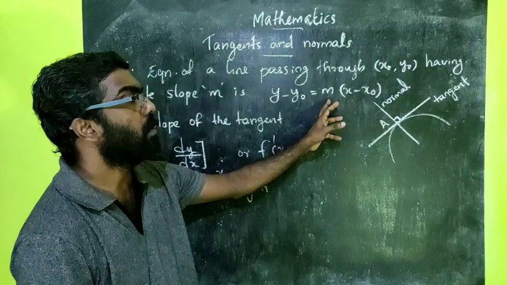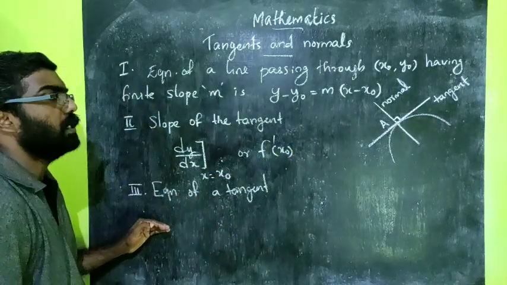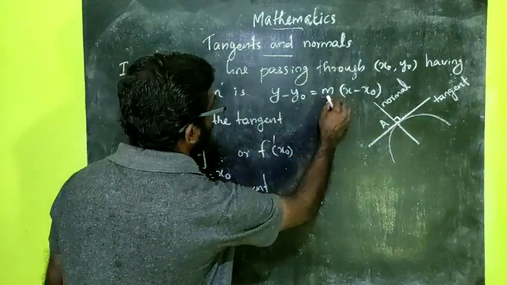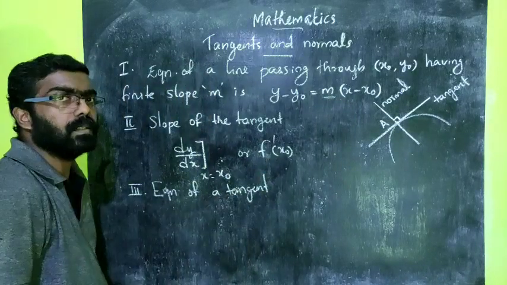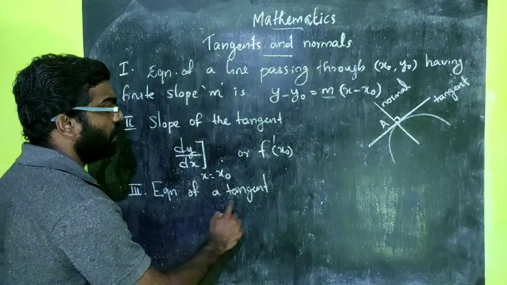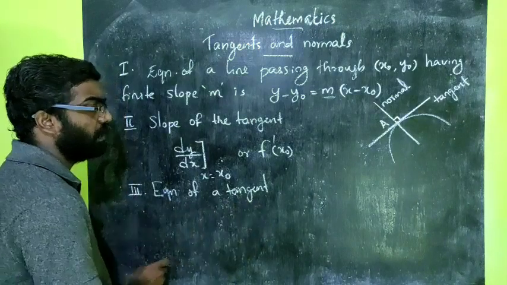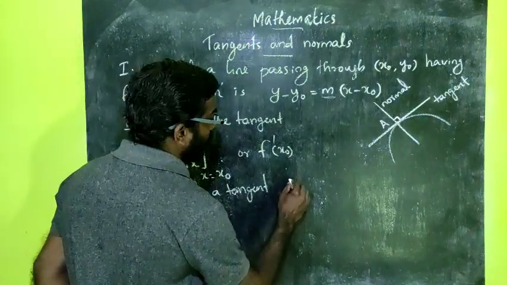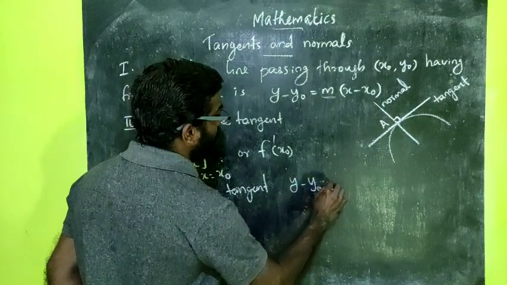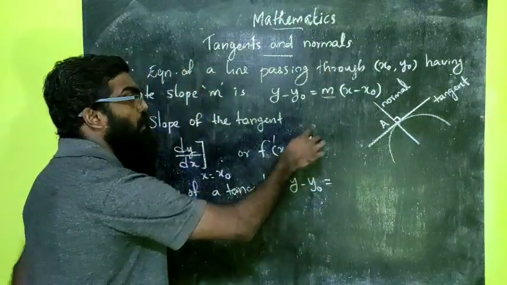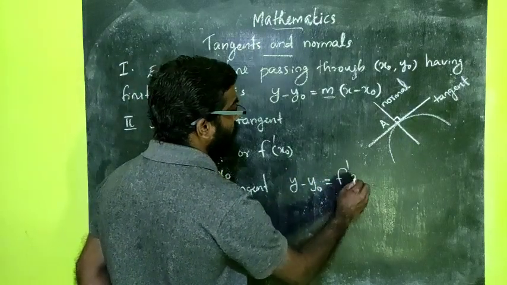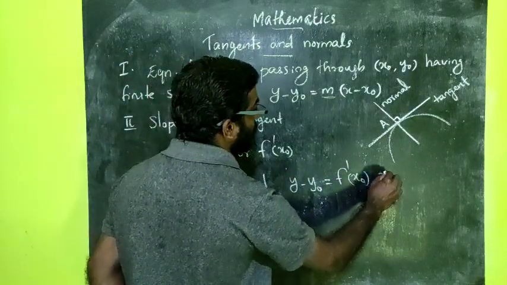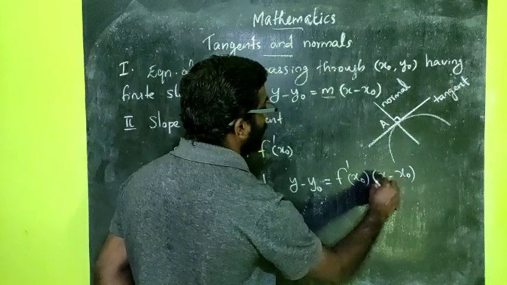Here m is the slope. While writing the equation of tangent, we replace m by the slope of the tangent. So y minus y0 is equal to f dash of x0 into x minus x0.